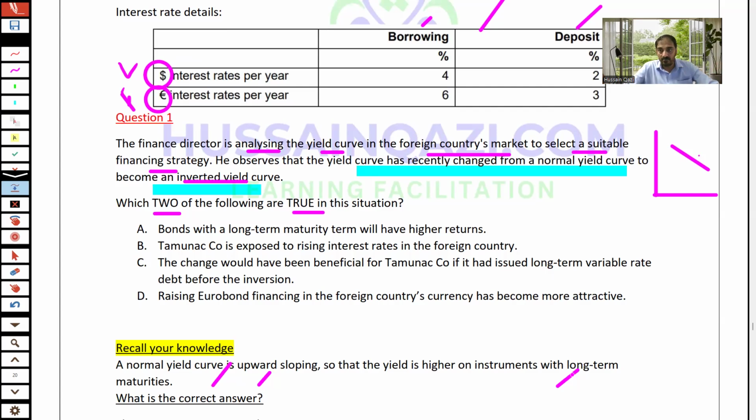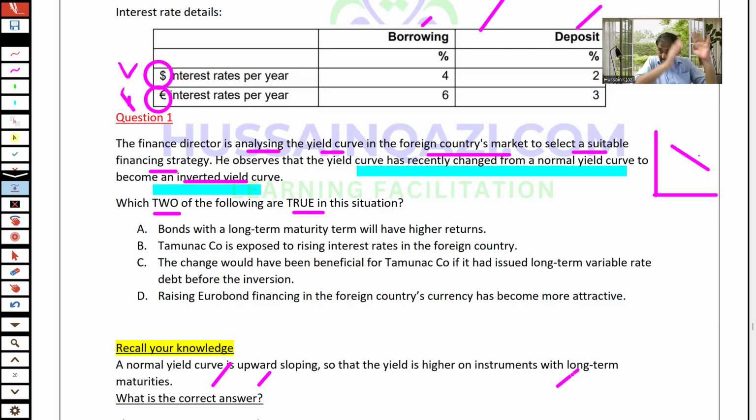But here the case is a decreasing yield curve, an inverted yield curve. Even if you are confused, you have read the requirement carefully and identified the concept: yield curve, keywords abnormal yield curve declining, identify two situations related to the inverted yield curve.